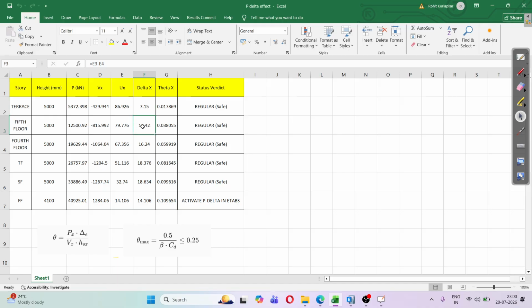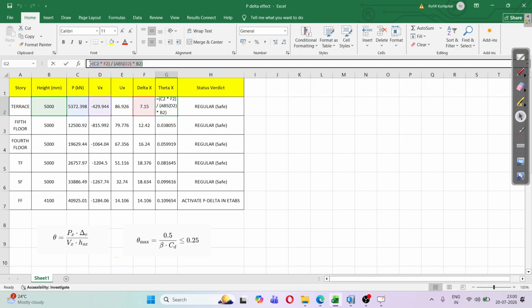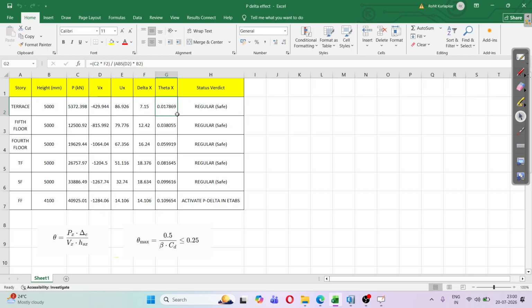Similarly, for this case, fifth floor displacement minus fourth floor displacement will give me the drift here. So accordingly, I have calculated the delta here, and now you just need to apply this formula in your Excel sheet. You will get the values of theta.